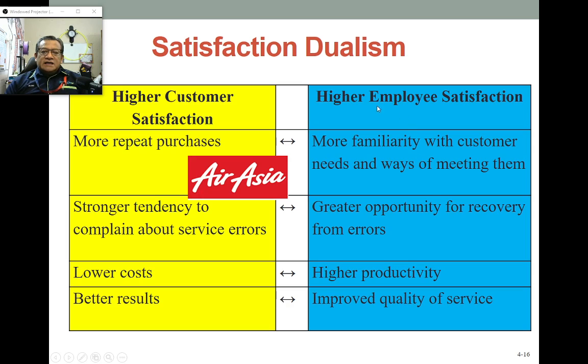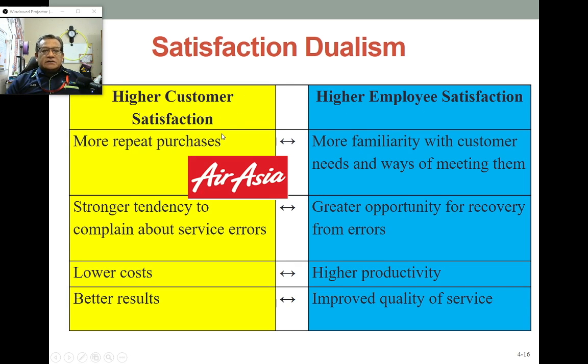In other words, if the employee is highly satisfied with the employer, with the company, it leads to higher customer satisfaction. Remember, this is a two-way relationship. Higher customer satisfaction influences higher employee satisfaction, and at the same time, higher employee satisfaction also influences higher customer satisfaction.